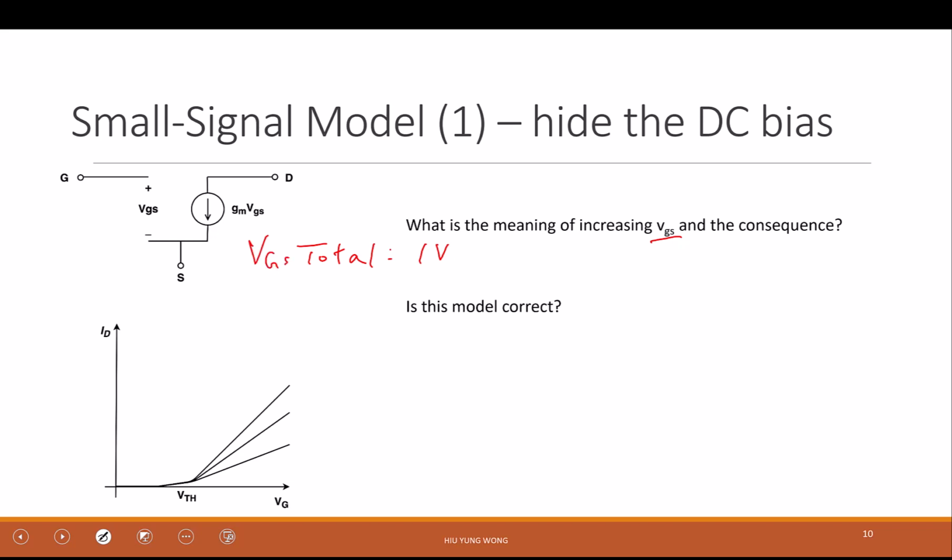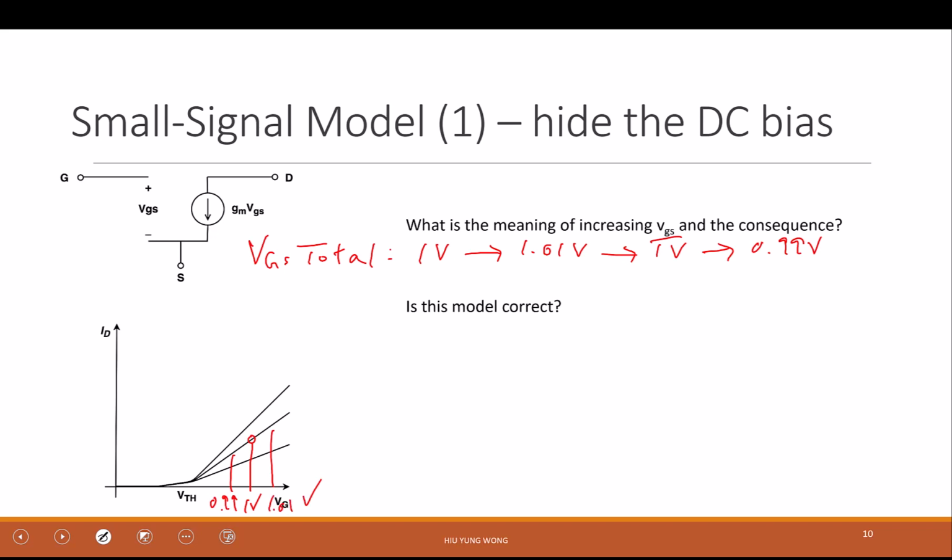And then later it changed to 1.01 volt. And then you go back to 1 volt. And then go to 0.99 volt. This is the total one. Like here, 1 volt, and then between 0.99 and 1.01 volt.